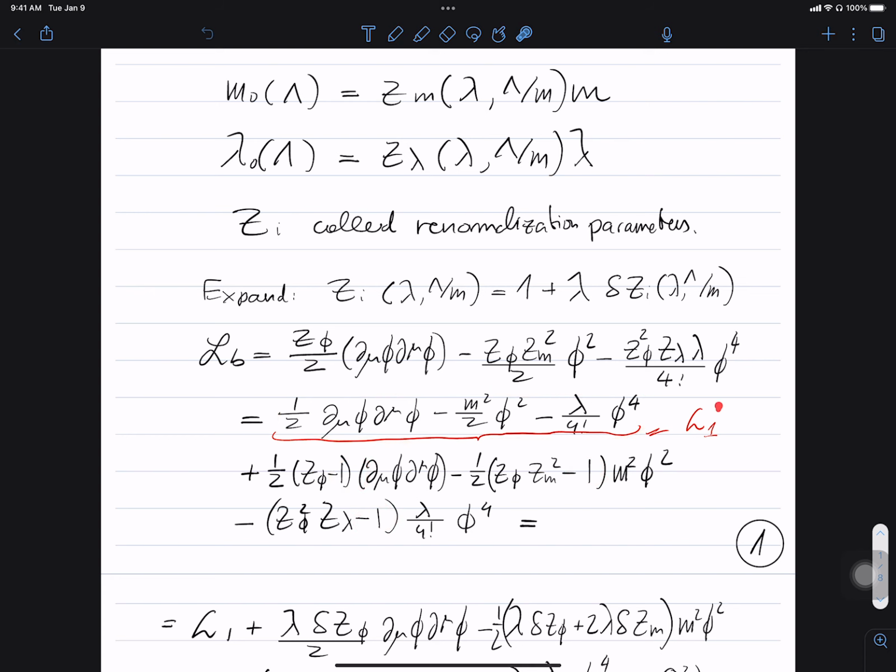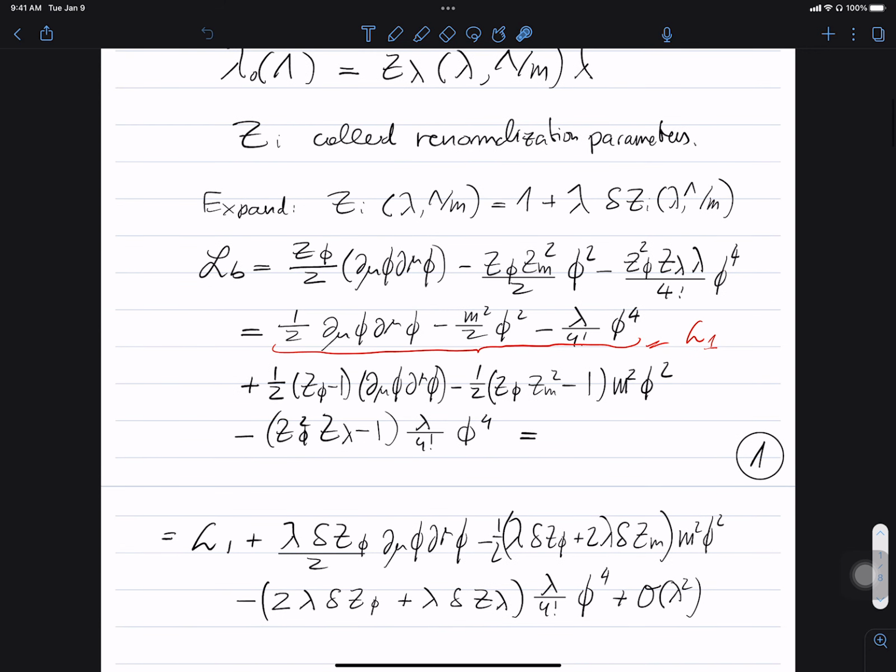So we have this Lagrangian that we were basically using last time to derive the amplitudes, because here the parameters are not dependent on the cutoff. The m and lambda are cutoff independent quantities, and we want to use this Lagrangian to calculate quantities, and they should be connected to physical observables. So this is the goal.